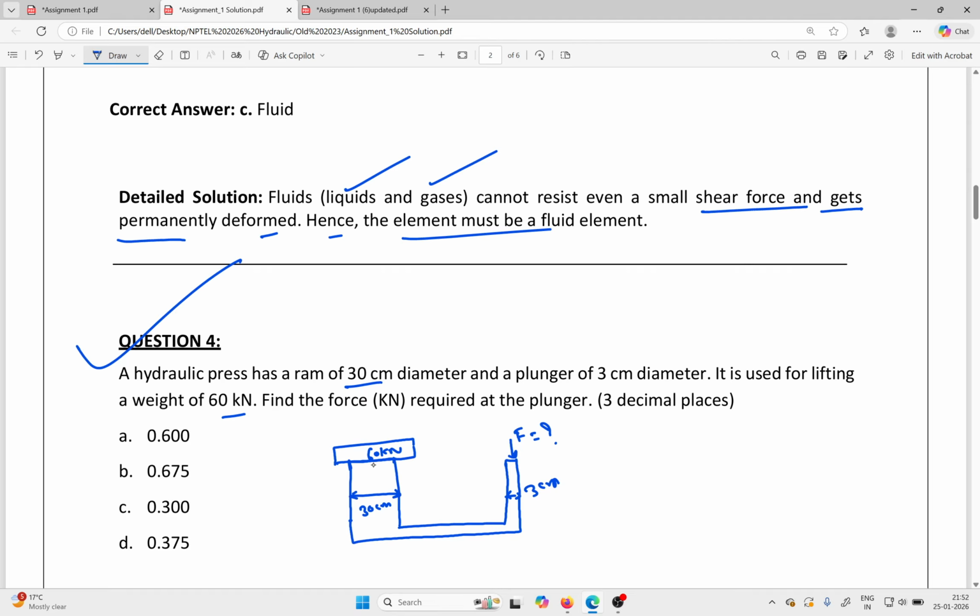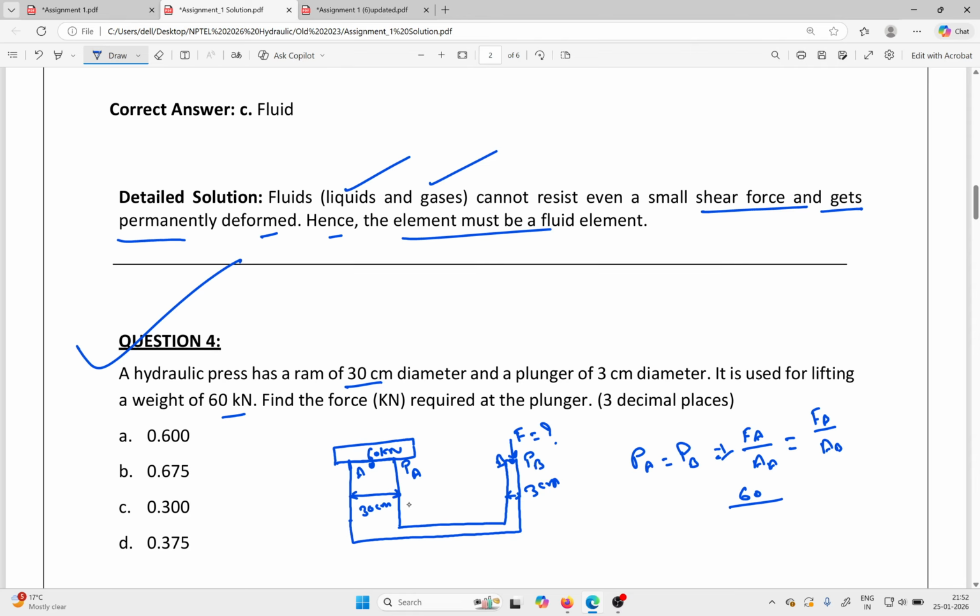So you know one thing, the pressure here and the pressure here will be equal. This is A and this is B. PA and PB will be equal, means force at A divided by area at A equals force at B divided by area at B. Force is 60, already given, kilonewton.